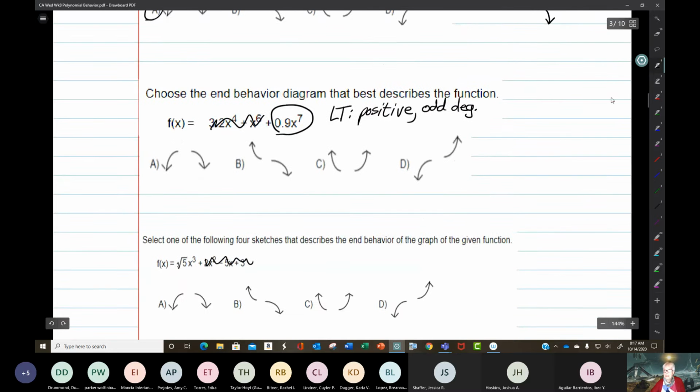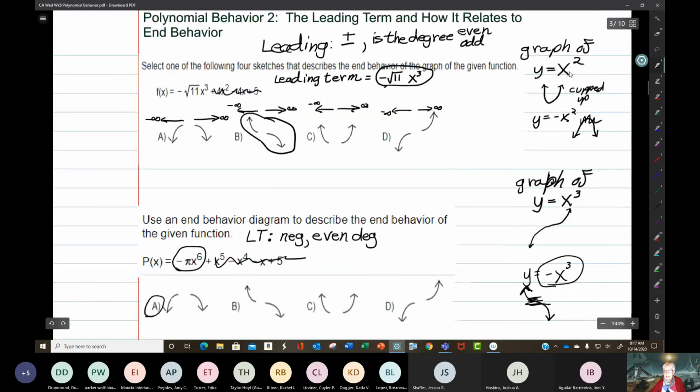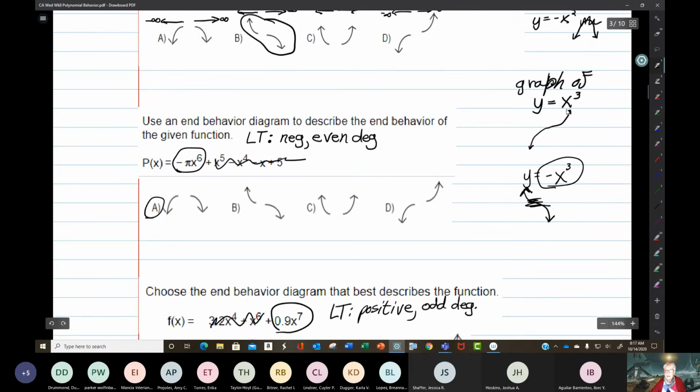So these are just the models you want to keep in mind. Even degree, negative and even degree, positive and odd degree, negative and odd degree. These are the models for what happens out at the ends.